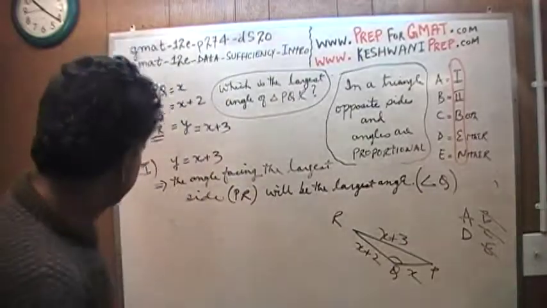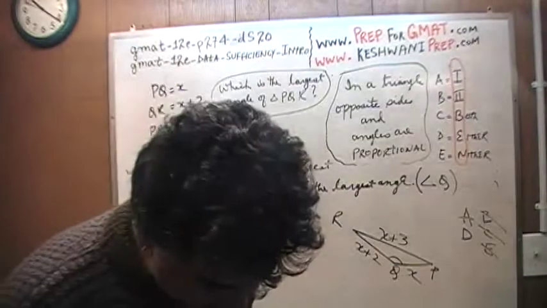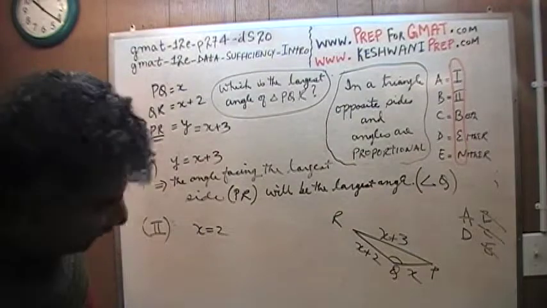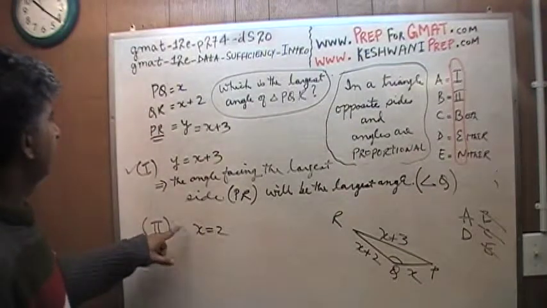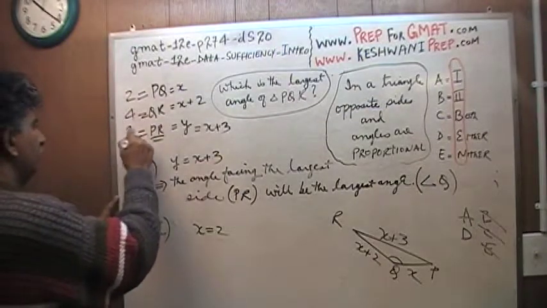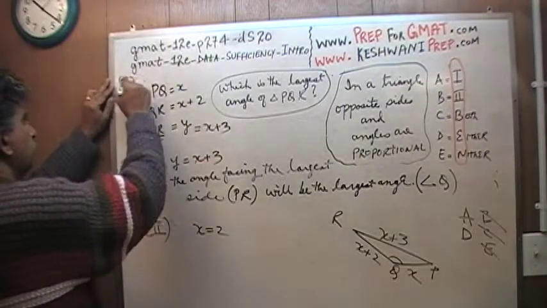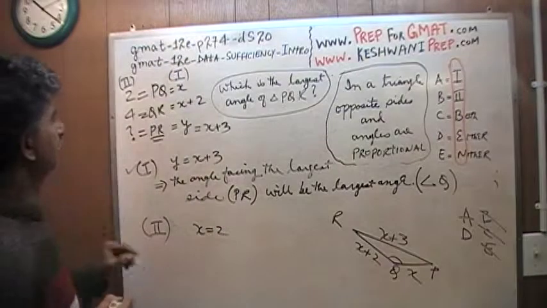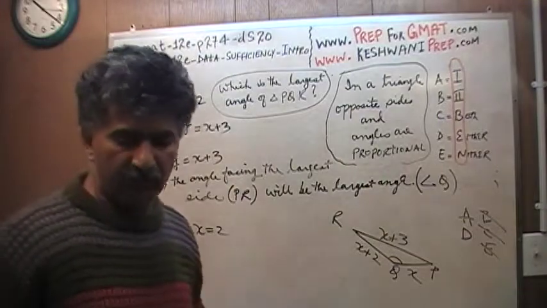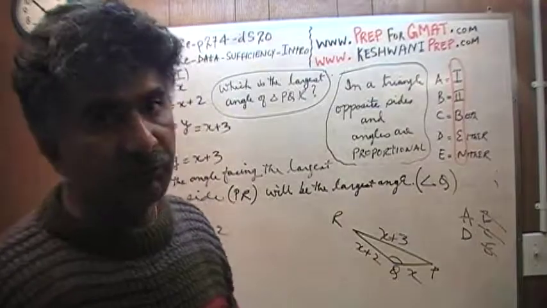Let's look at the second statement. Does the second statement tell us anything about y? It tells me that x equals 2. Based on that, PQ is 2 and Q to R is 4, but we have no knowledge at all about P to R. Until we know what P to R is, we cannot ascertain which is the largest side, and therefore we cannot tell which is the largest angle in the triangle.